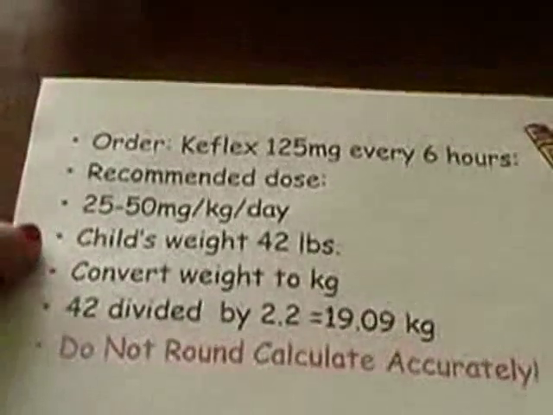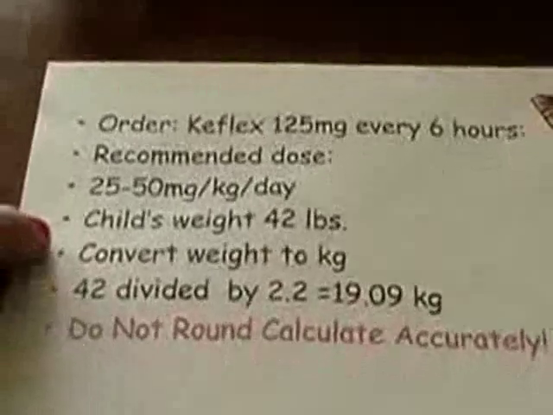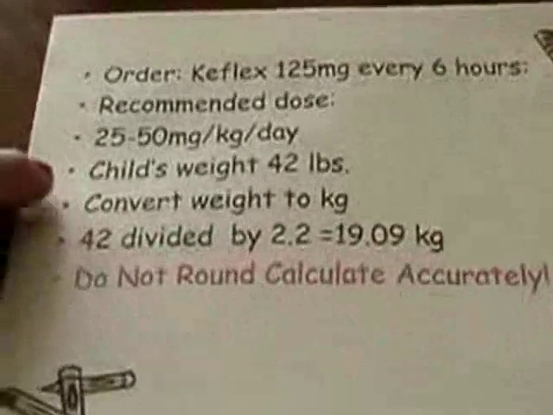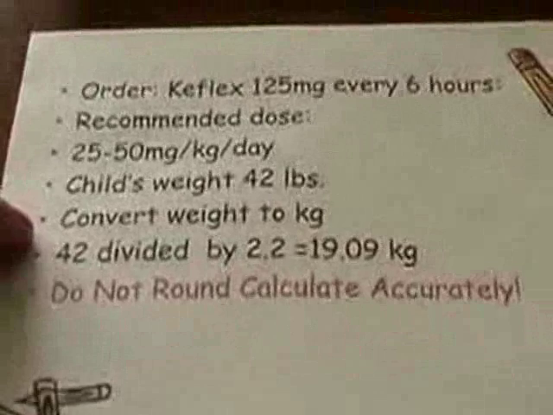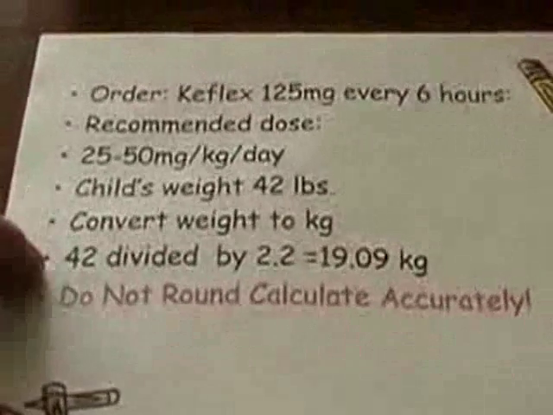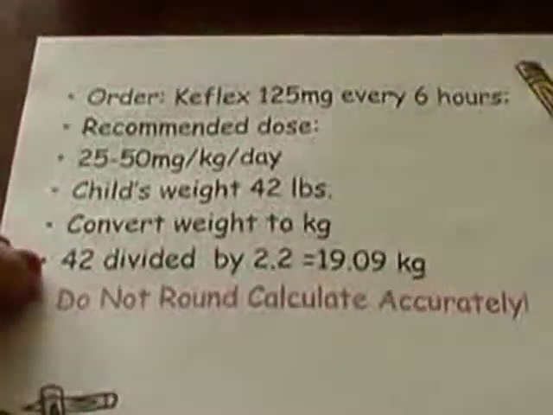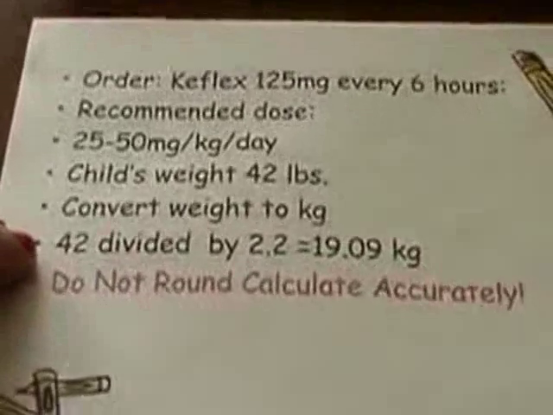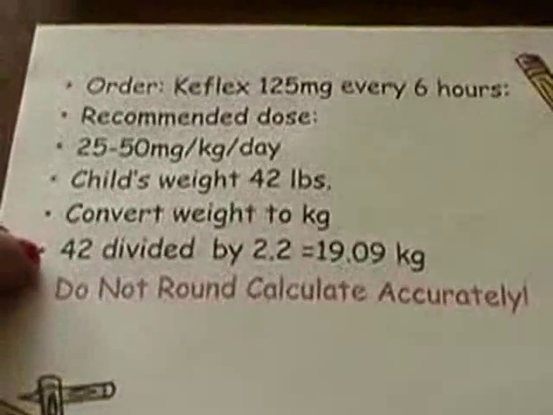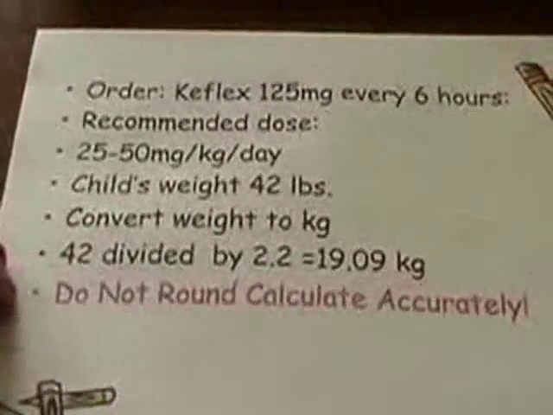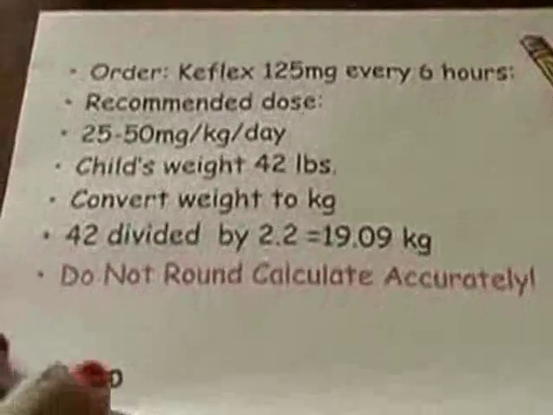Our child's weight is current and it is 42 pounds. We need to convert our weight of the child to kilograms. 42 divided by 2.2 equals 19.09 kilograms. Do not round your 19.09 kilograms.